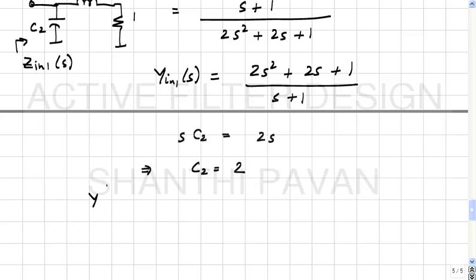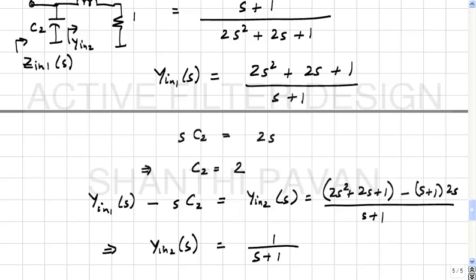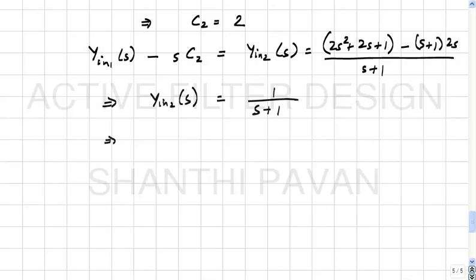The admittance before C2 is Yin1 of S. This minus S times C2 must be Yin2 of S. And what will that be? 2S square plus 2S plus 1 minus S plus 1 into 2S divided by S plus 1, which means Yin2 of S is given by 1 by S plus 1, which means that Zin2 of S is S plus 1.